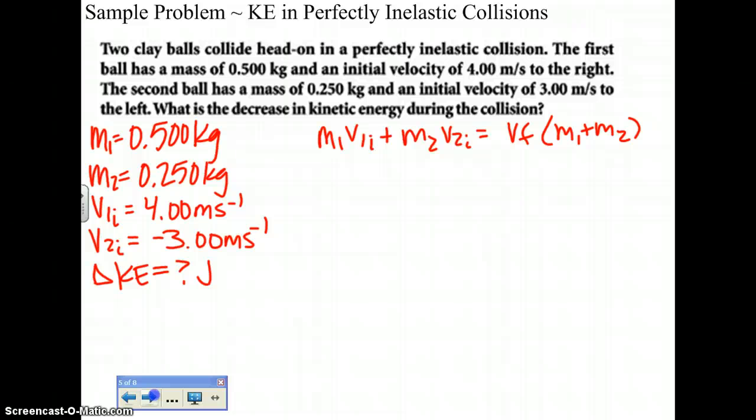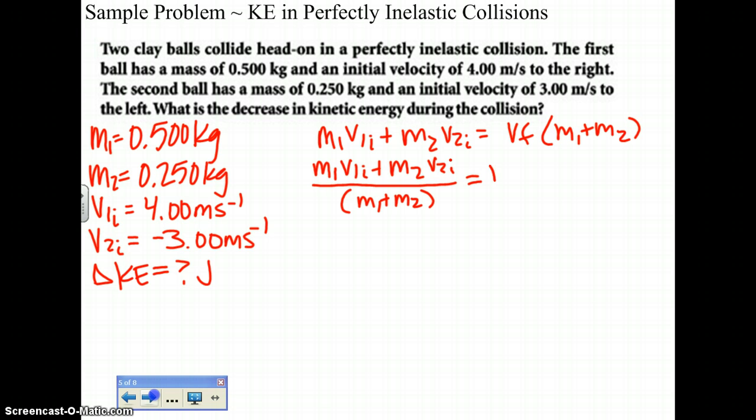Okay, so from that we can solve for our VF. So we want to rearrange this to say M1 V1I plus M2 V2I all over the quantity of M1 plus M2 equals VF. Therefore, we have 0.500 times 4.00 plus 0.250 times negative 3.00.